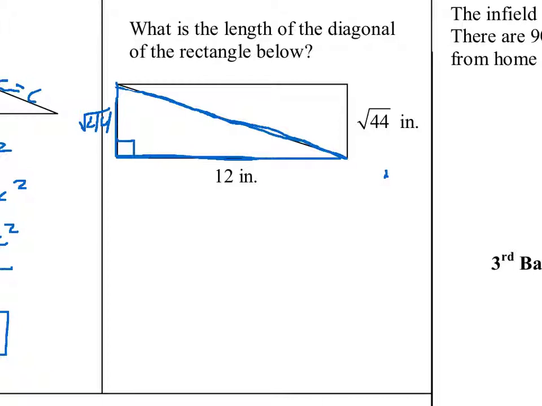Most of you guys have gotten really, really good about knowing the difference between a leg and a hypotenuse, so I'm going to allow you to stop labeling leg, leg, hypotenuse, and I'm going to start letting you just label them A, B, C. Remember, A and B are always your legs.